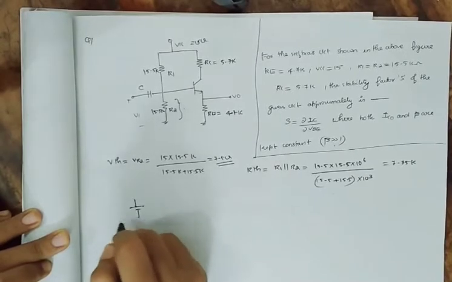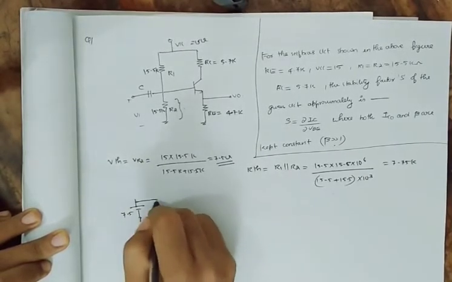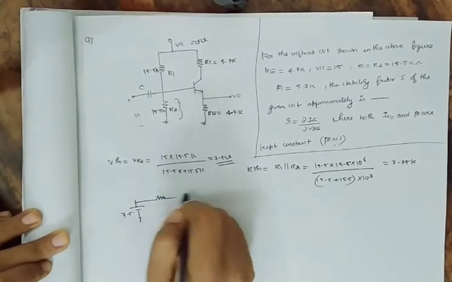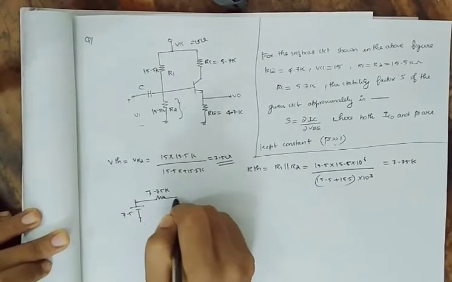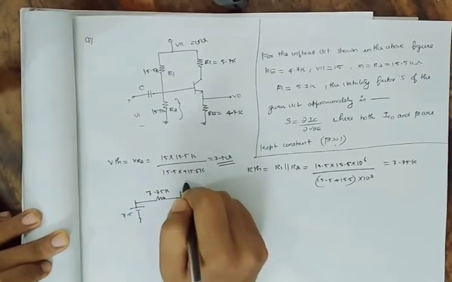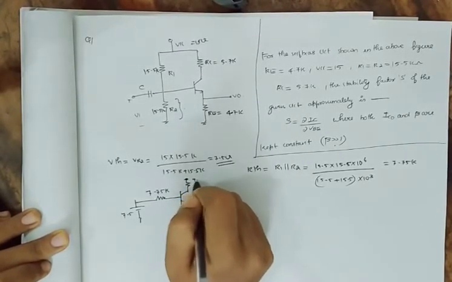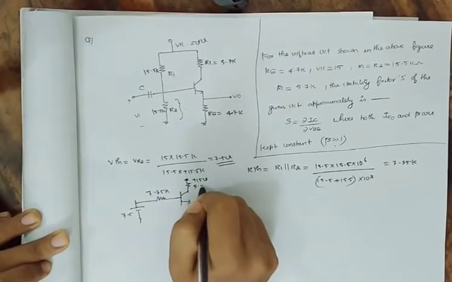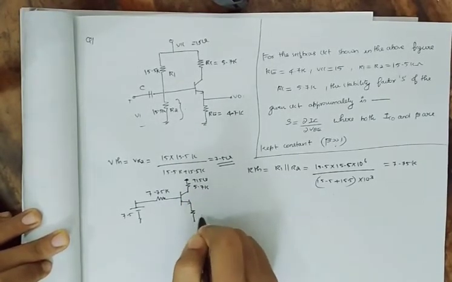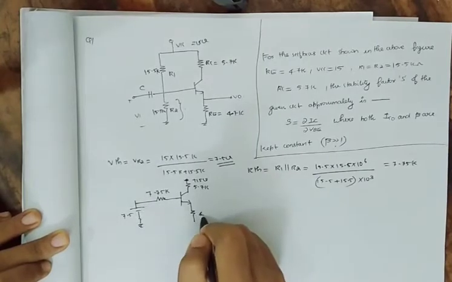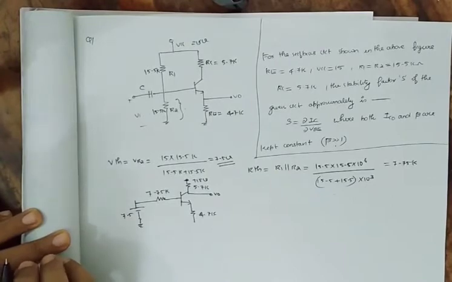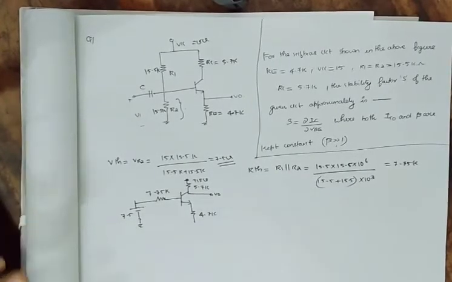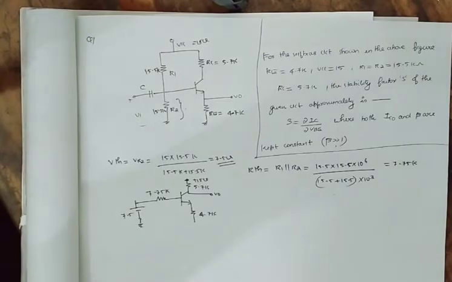With that I am going to redraw the circuit, and the circuit will look like this. This is VTH, which is 7.5, then comes our RTH, which is equal to 7.75 K, and the rest of it is the same. Plus 15 volt, this is 5.7 K, this is 4.7 K. And now I will write the equation for the loop.